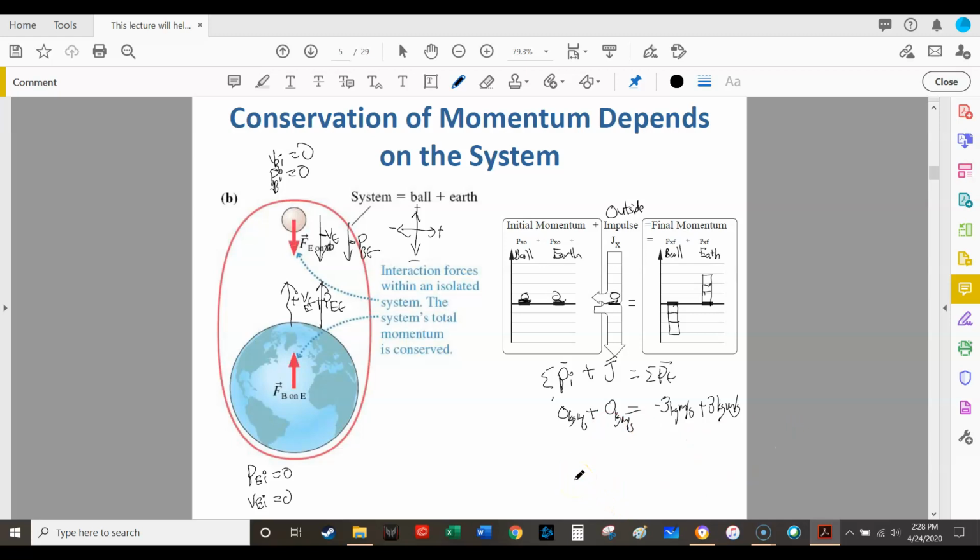Well, as long as the system is contained, all the forces are contained in that system, just like in this case, then rather than worrying about a J vector, what we are basically saying is the sum of the initial momentum has to be equal to the sum of the final momentum. And as long as all the forces are contained in the system, the net force on the system, right, this is going to be a negative force down, and this is going to be a positive force up.